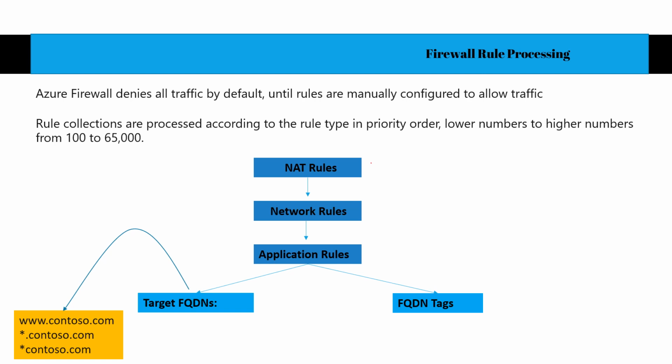So we have seen the NAT rule is going to be processed first. After that, it is going to process your network rules, and then your application rules. Targeted FQDNs is something you need to define, and FQDN tags is something which is specific to Microsoft services.